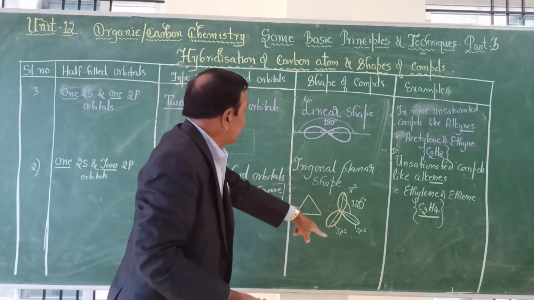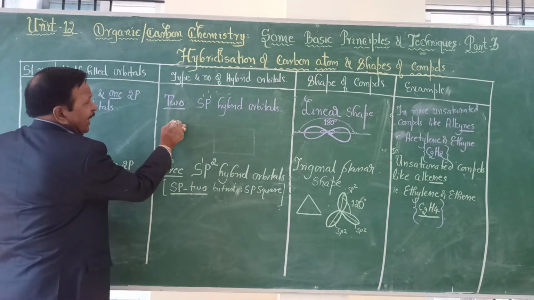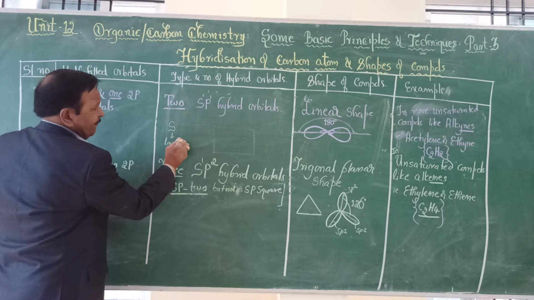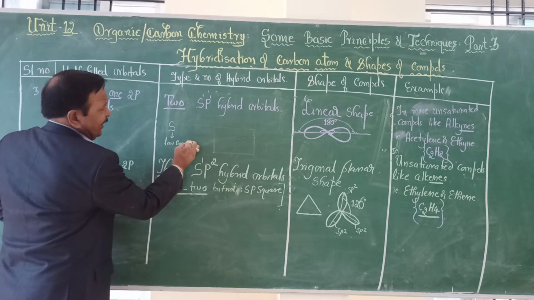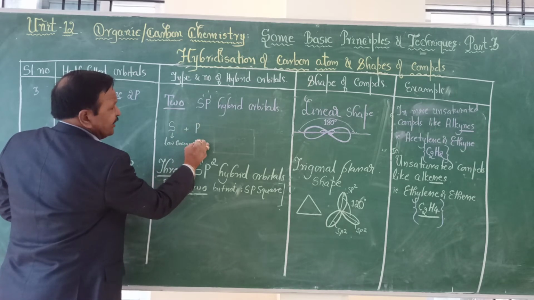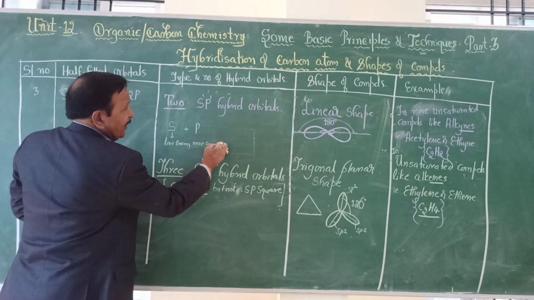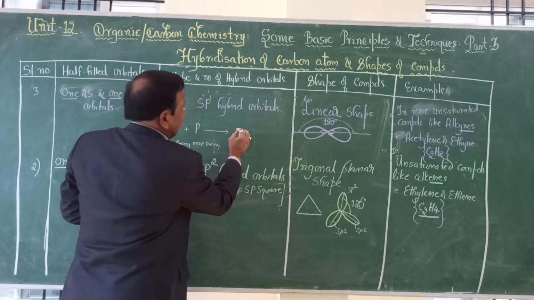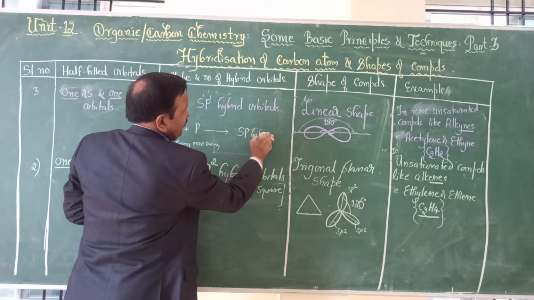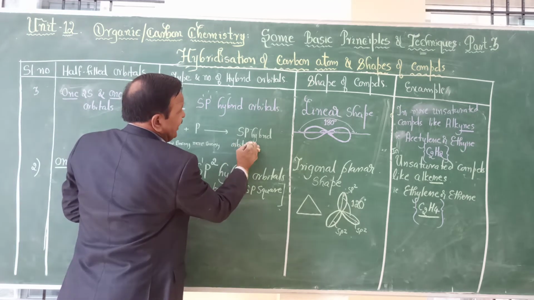All these 3 have the same energy. What is the meaning of this? S orbitals, as you know very well, have low energy, and p orbitals have more energy. When these combine, we get sp hybrid orbitals of equal energy.